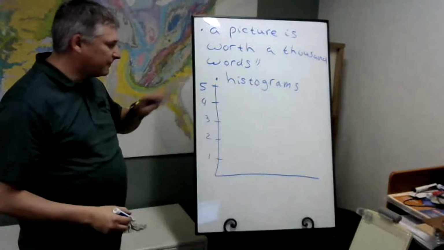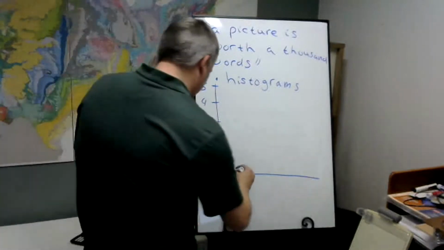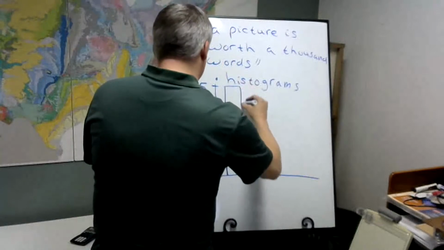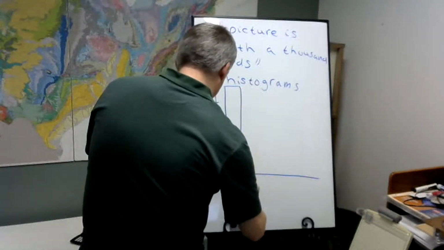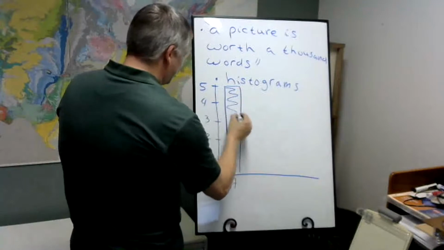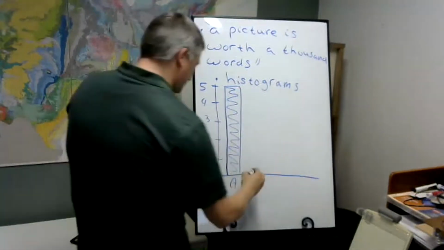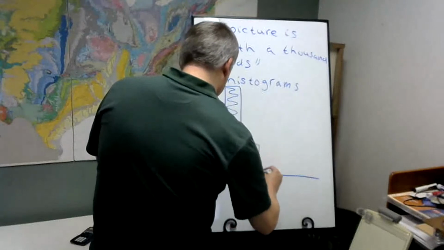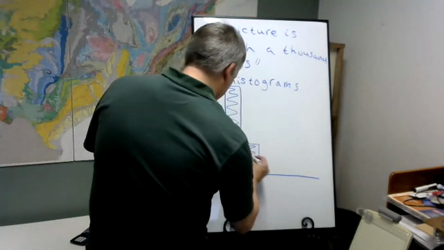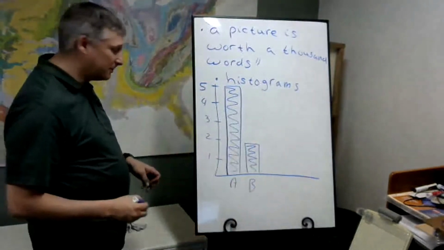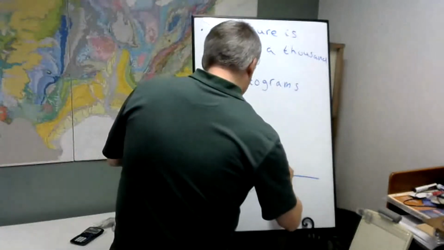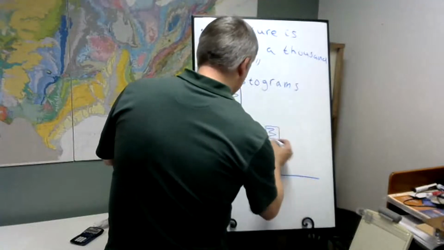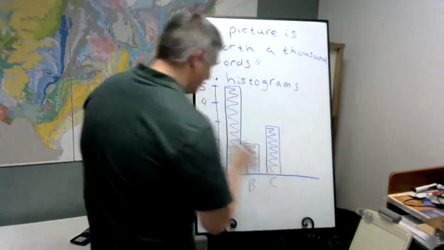One, two, three, 4, and 5. So here's the frequency for A's. And there's the frequency for B's. C's.